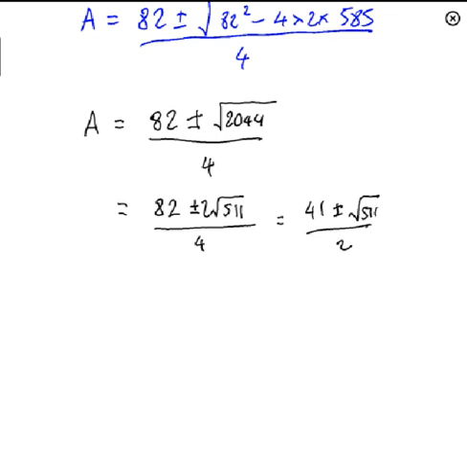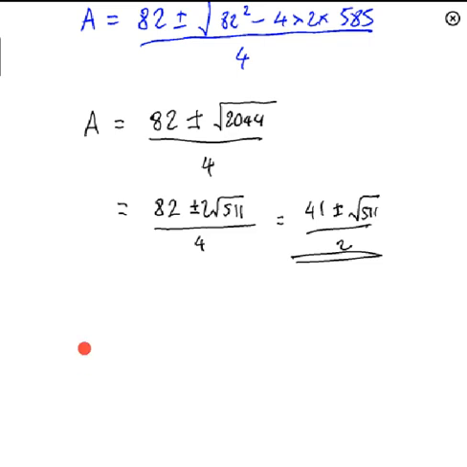So there's two possible answers here. Because obviously 41 squared is bigger than 511. So we've got two possible solutions here. And that just goes to show that actually the diagram we've drawn, there are two possible ways of seeing it.